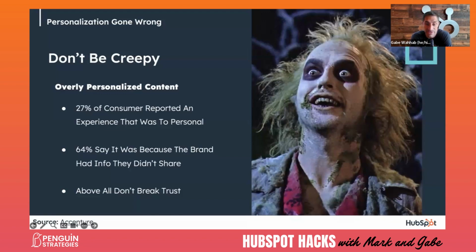If you went out on a first date and your date knew personal information about you that you hadn't shared and wasn't publicly available, how might that make you feel? It might start to feel like you're on a date with Beetlejuice. And this is, by the way, another reason we don't recommend buying third-party data for personalization. Above all, you never want to break your users' trust, and you want to be transparent about data usage.